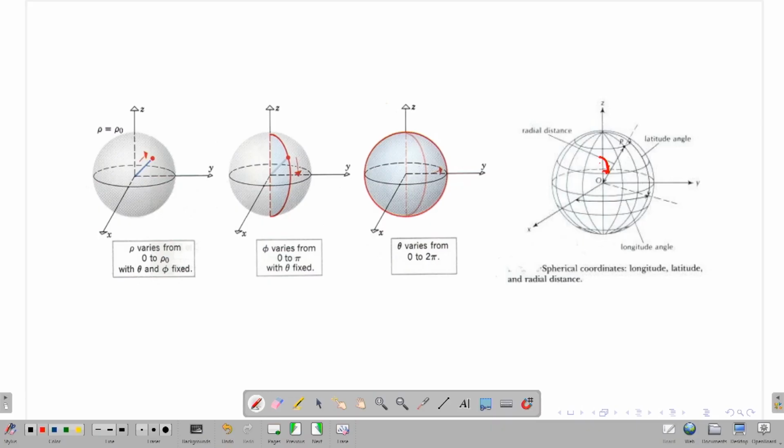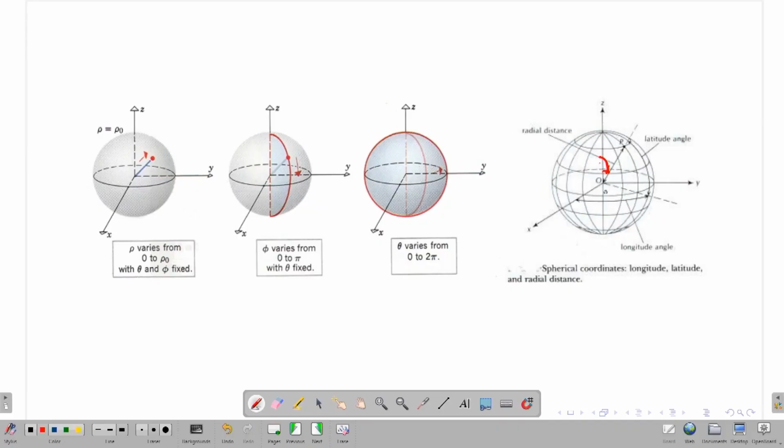So, that is phi. And the third coordinate which is called the longitude angle, which is theta, which is the same as the polar coordinates angle theta. Okay. So, this is theta, this is phi. Okay.